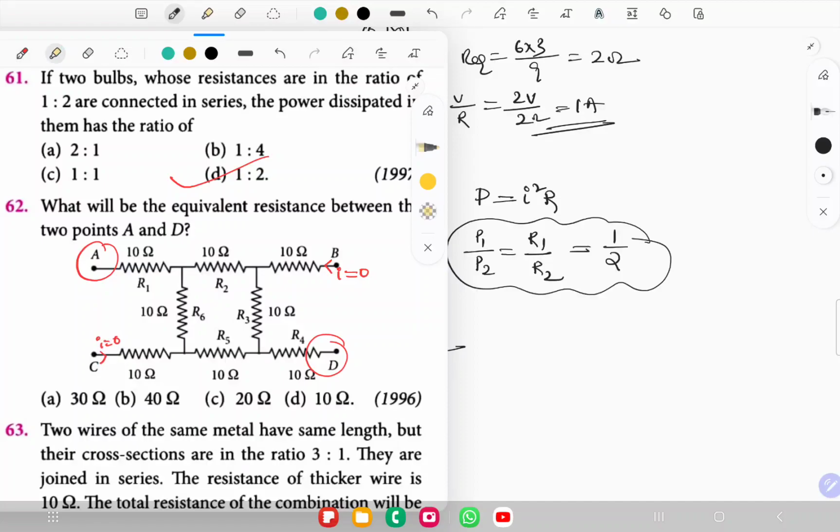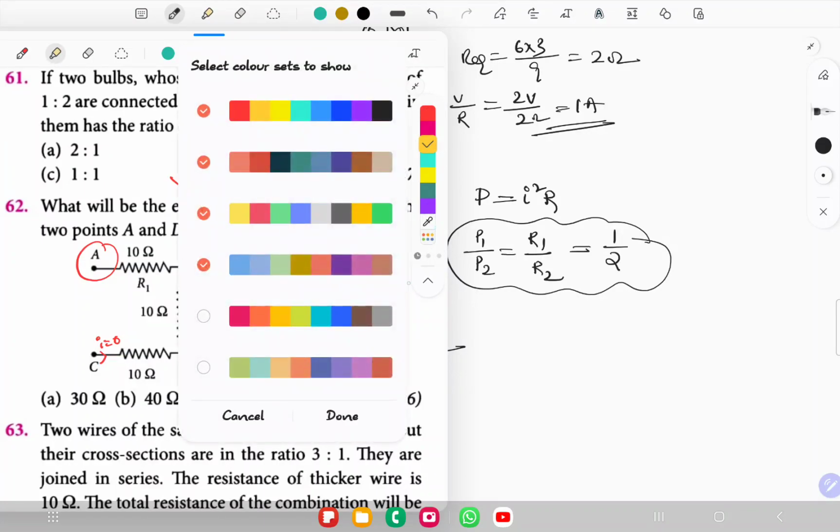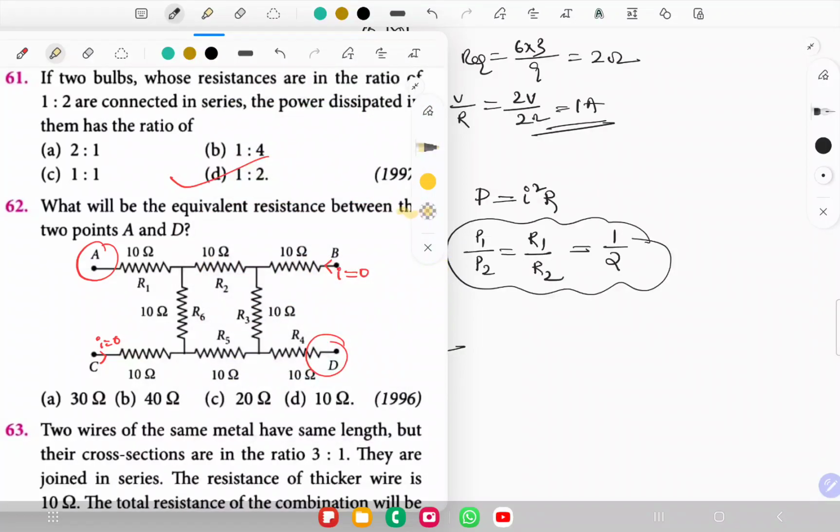Then no need to consider those two resistors. Got it? So whenever current flowing through them is 0, no need to consider those resistors. Just observe how I am going to replace it. As I said earlier, we can eliminate resistors B and C here because current flowing through them is 0.